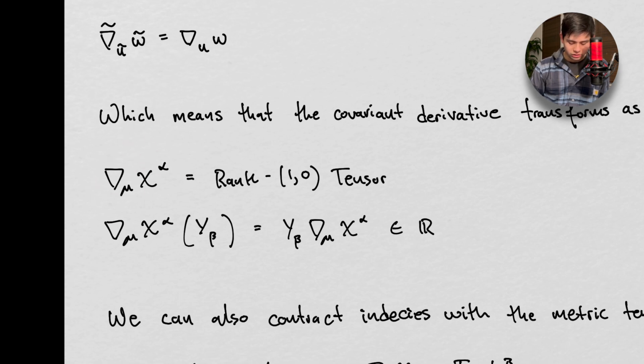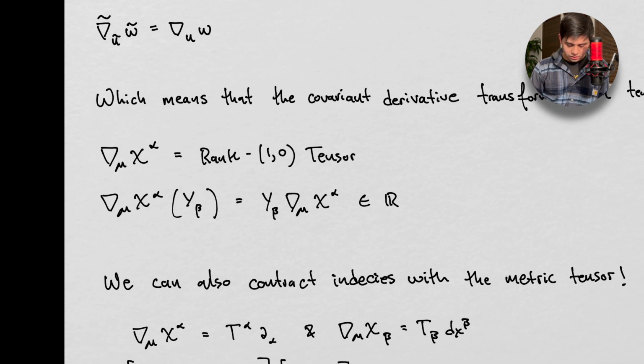So this here is a rank 1, 0 tensor, okay? And that means that if this guy's acting on a vector, a covector, it'll give us a number. All right, so this thing is a rank 1-0 tensor, so that means it's a map for a covector.